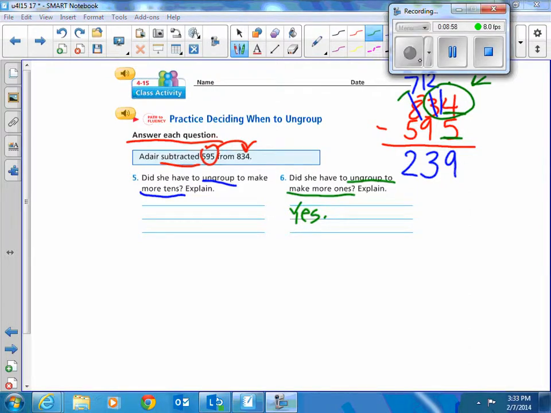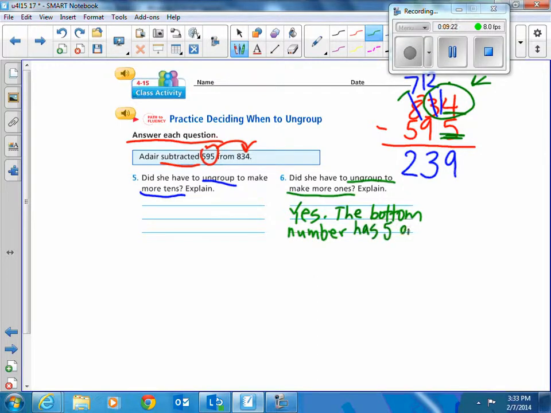And so let's say it a little different way. I'll show you that there's multiple ways you can write this down, but I'm going to write it a little differently than I did number 5. So yes, the bottom number has how many? The bottom number right here, 595, the bottom number has 5 ones.